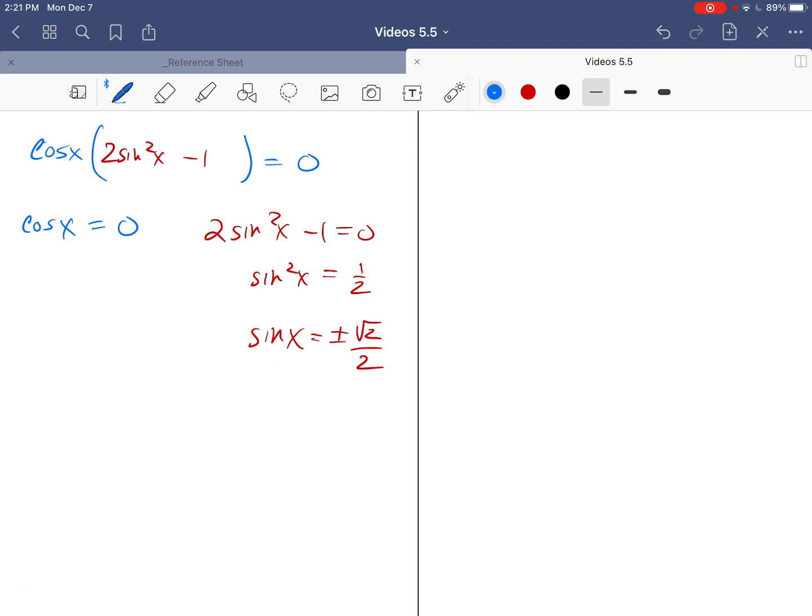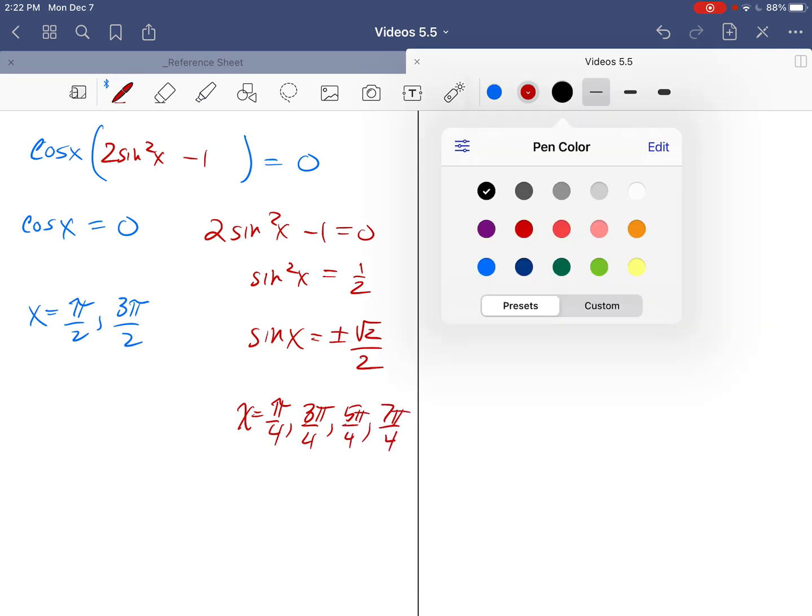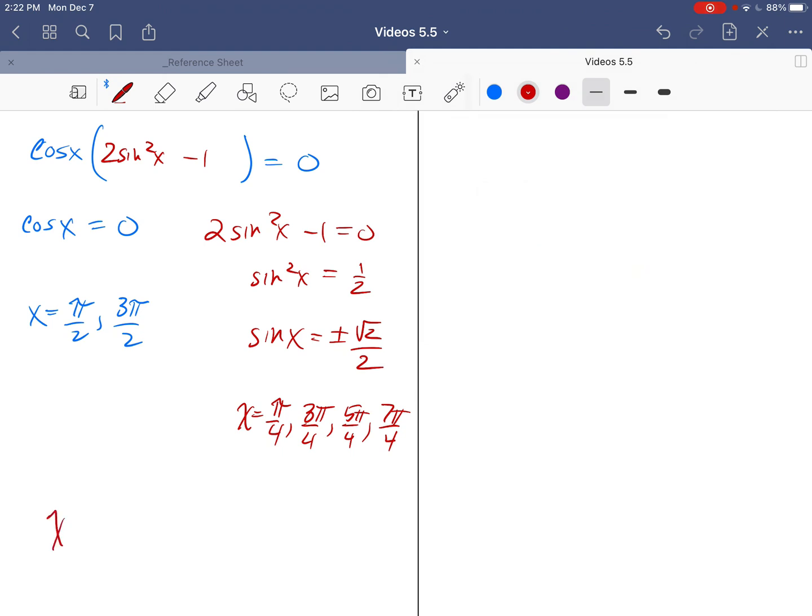And now we go from our unit circle, we get our solutions. So let's go ahead and write all of them.